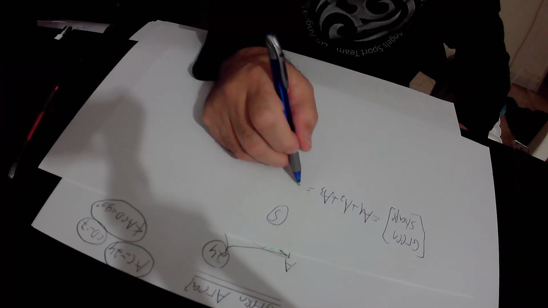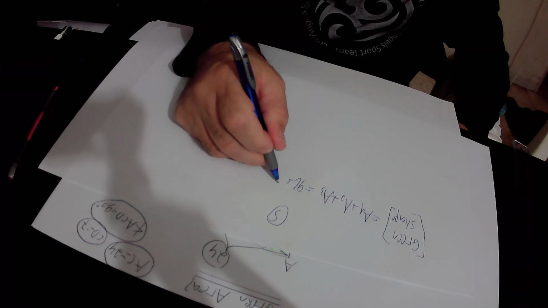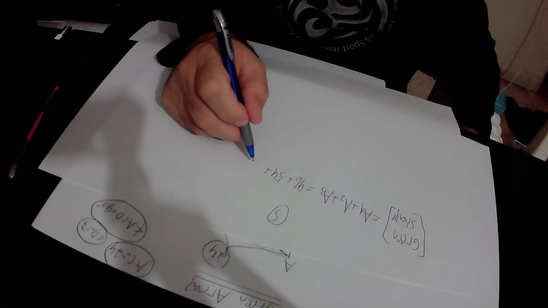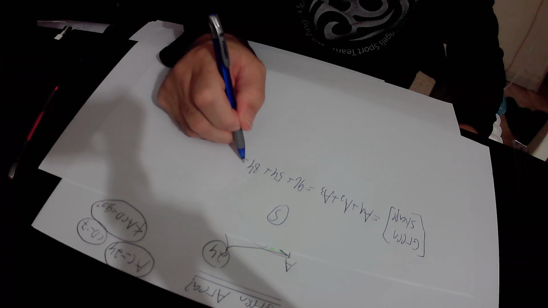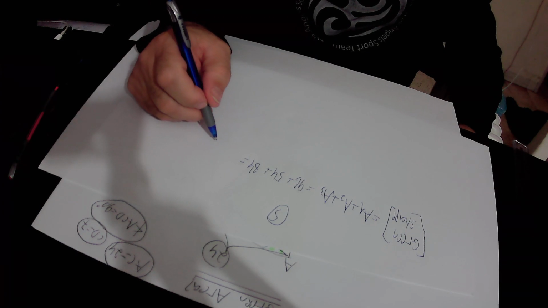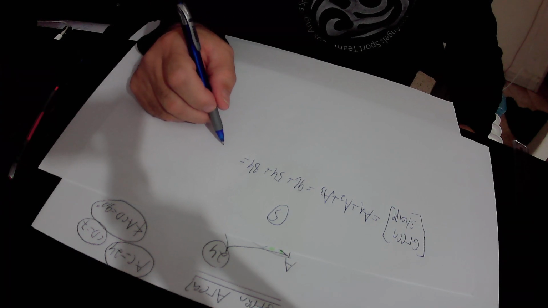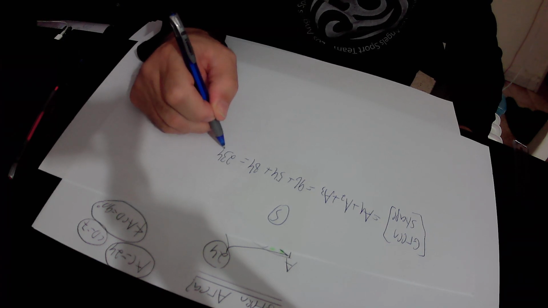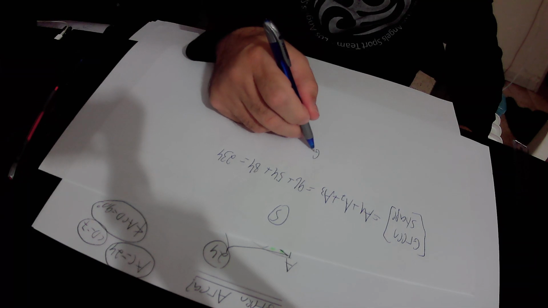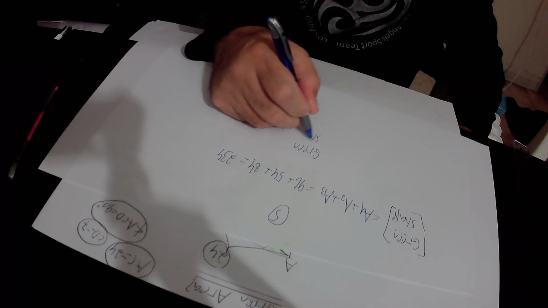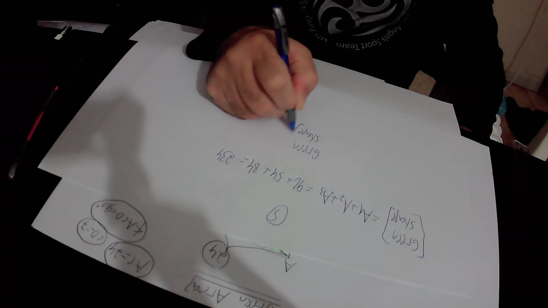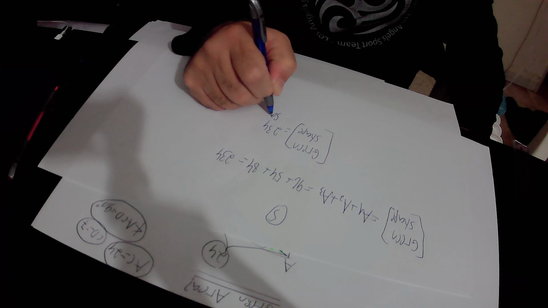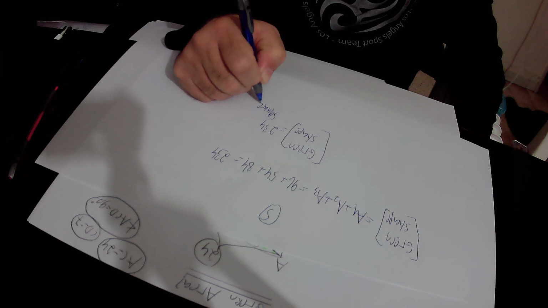A1 equals 96 square units plus A2 equals 54 square units plus A3, it is equal to 84 square units. 96 plus 54 is 150, and 150 plus 84 equals 234 square units. So in conclusion, we found out that the area of the green shape in total equals 234 square units.